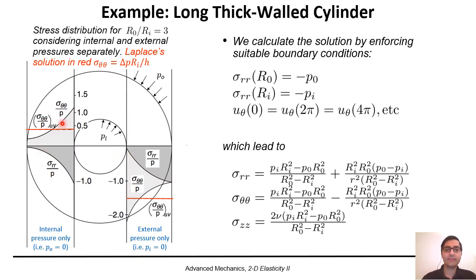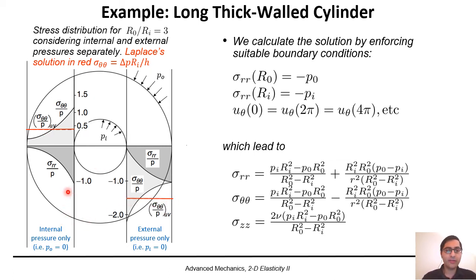Here we plotted the values sigma theta theta and sigma RR, basically the radial and circumferential stresses as a function of R, the radius, for two different cases. The plots are drawn for RO divided by RI equal to 3, so when RO is 3 times RI. And also compared for Laplace's solution for the circumferential stress. You see them in red.